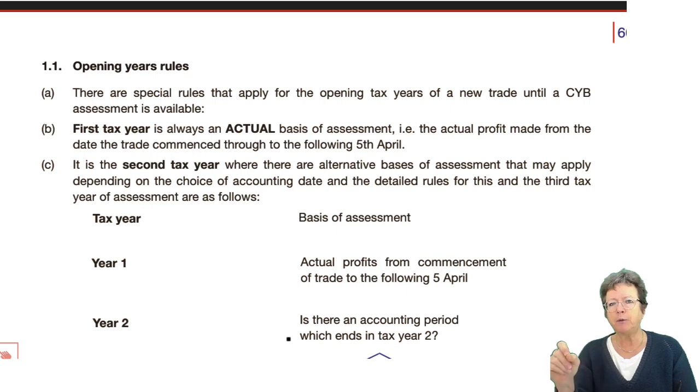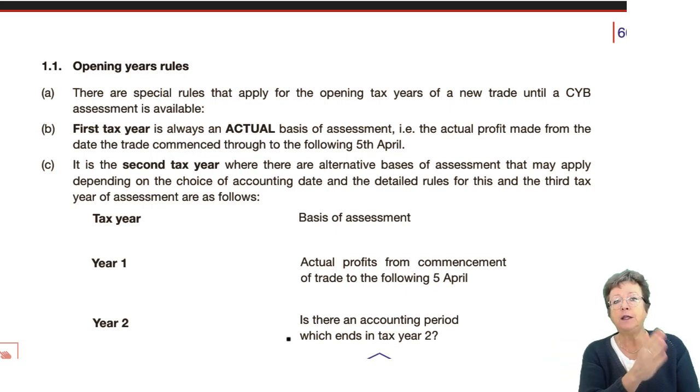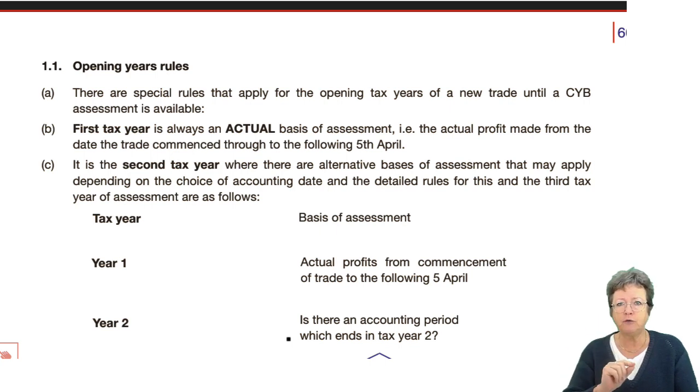But we have a problem when you have an opening year, i.e. the year you start to trade, and then consequently, if you cease to trade, then you have closing year rules. The opening year rules are the ones that appear the most in an exam, simply because they're a little bit more complicated. So we're going to do these special rules nice and slow, nice and easy.